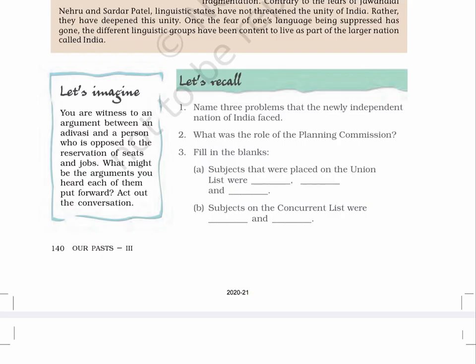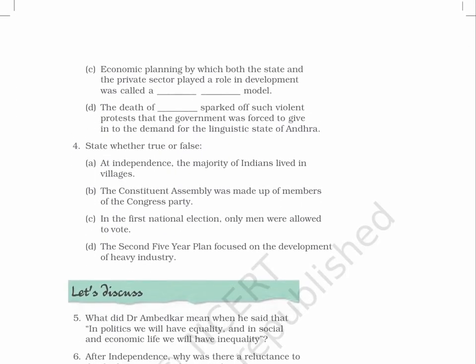B. Subjects on the concurrent list were dash and dash. Page 141. C. Economic planning by which both the state and the private sector played a role in development was called a dash dash model.